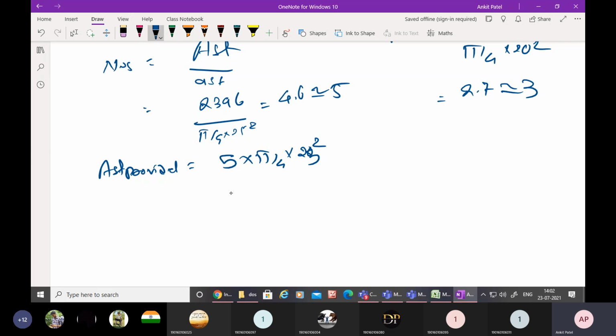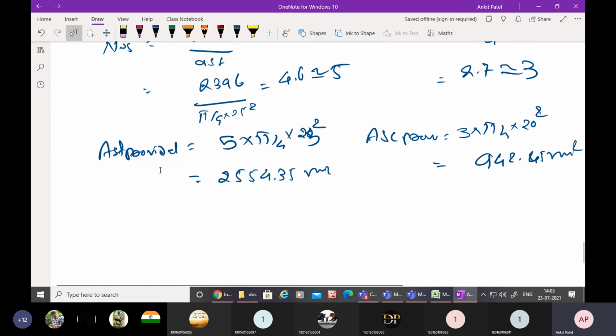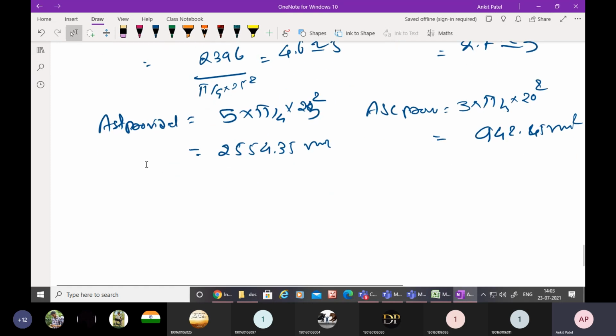So now this is equal to 2554.35 mm square, and ASC provided is equal to 3 into pi by 4 of 20 square. So this answer is 942.45 mm square. So now our design is actually completed.